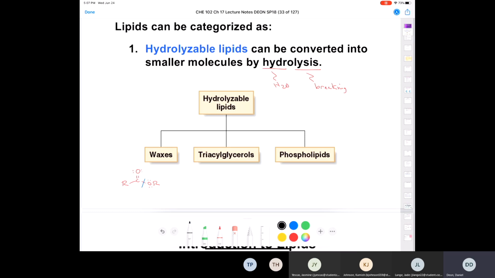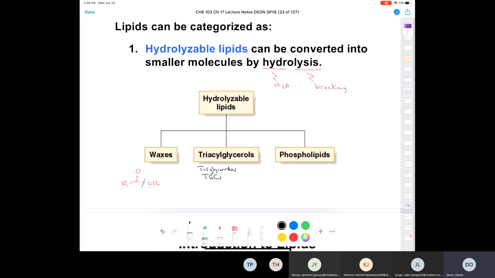And then in what are known as triacylglycerols, sometimes we call these triglycerides, sometimes we call them TGCs, triglycerides, or triacylglycerols, we're also going to see ester bonds in those. And then finally, in phospholipids, we're going to see ester bonds in those as well.